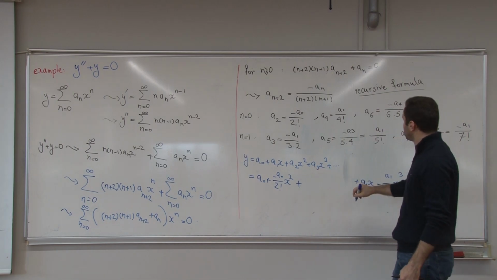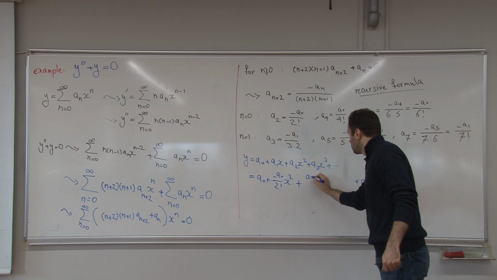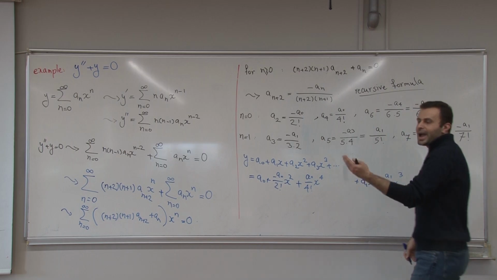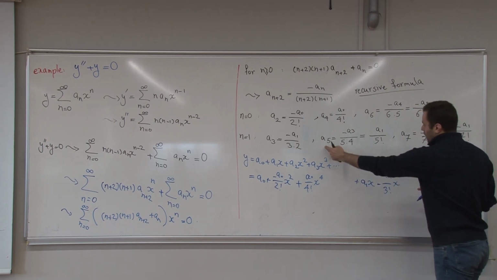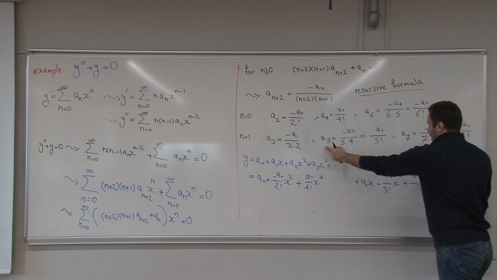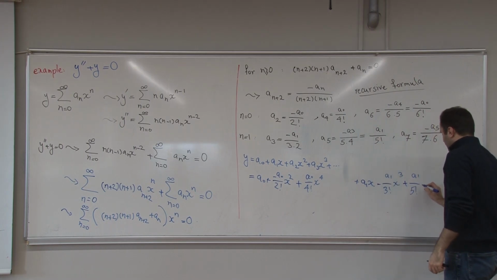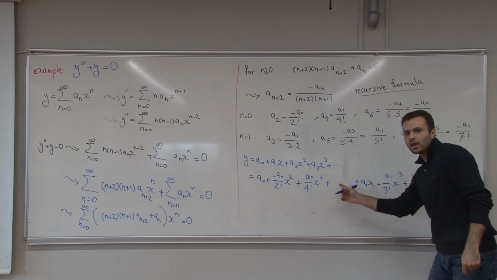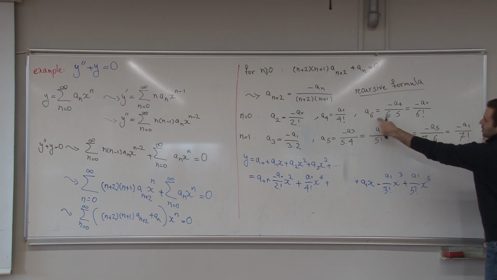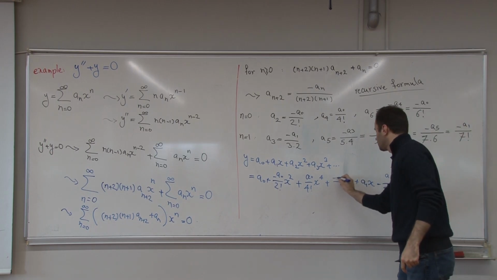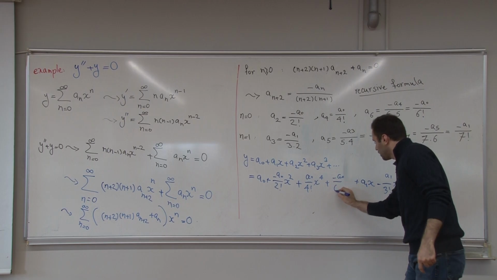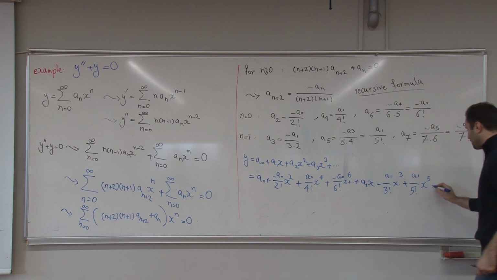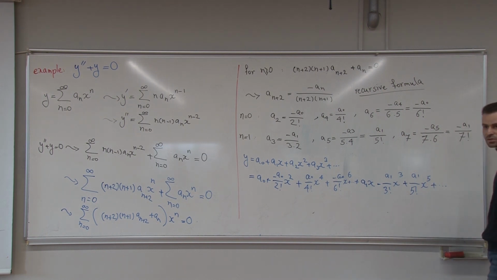What is a4? a0 divided by 4 factorial, x to the power of 4. I have a5x^5. What is a5? a1 divided by 5 factorial, x to the power of 5. I have a6x^6. What is a6? Minus a0 divided by 6 factorial, x to the power of 6 plus the rest. And from here I have the 7 that I'm just letting go.